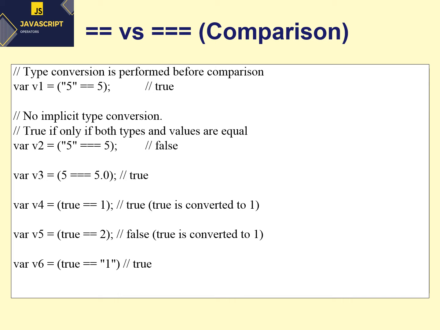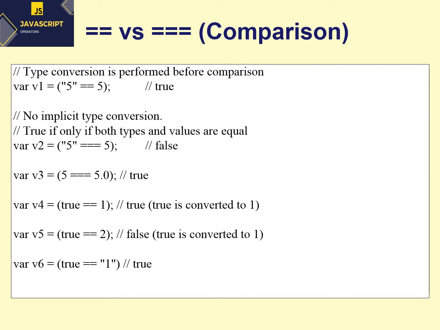And now comes the last expression. Variable v6 is equal to true double equal to, in double quotes, 1. So again the double equal to comparison operator is there. Here true is considered as one value, and on the right hand side also it is one value, but it is a string on the right hand side.